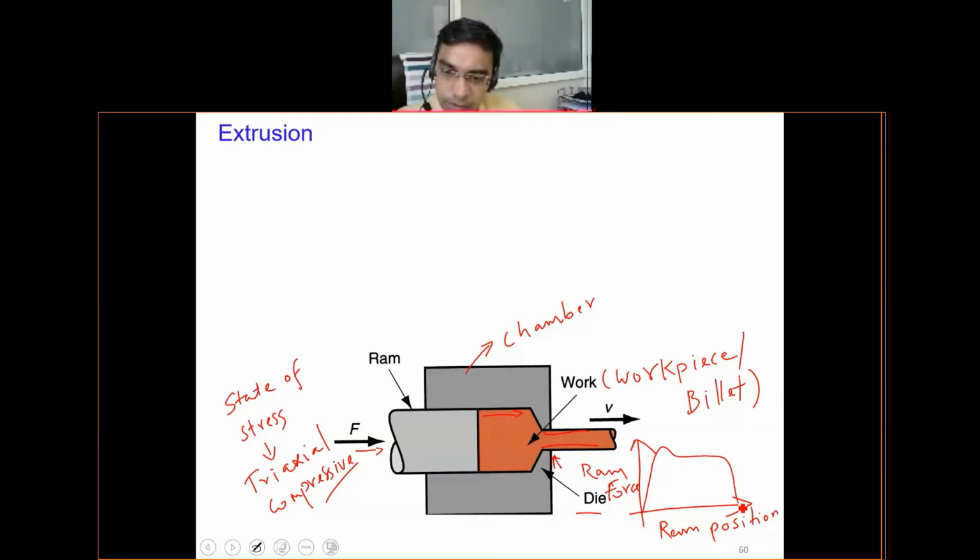It goes on increasing, and once it starts flowing, the force reduces slightly, and it continues till the end of the stroke. So you can understand that a finite length of the product can be made using this process, because the product is being made by the volume of the material provided through this billet. So this is basically the basics of the extrusion process.